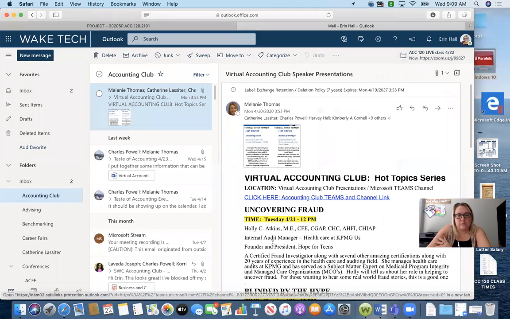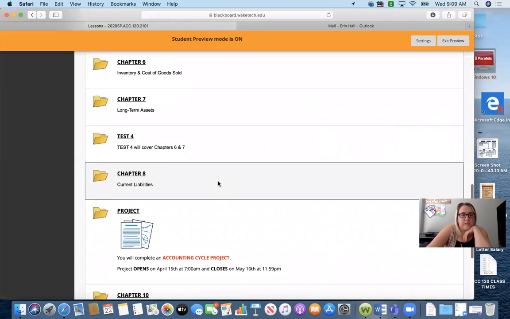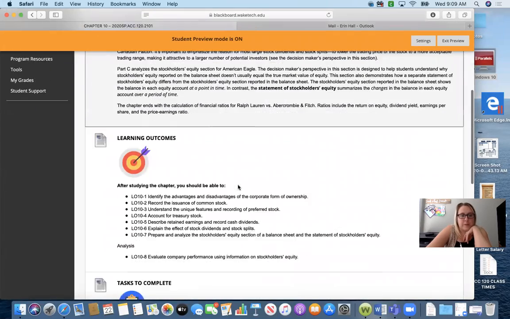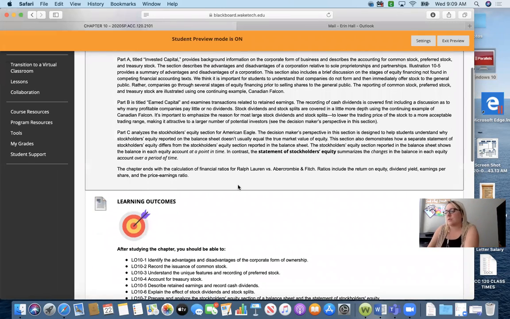What am I doing? Let's see. So you'll see all the folders are open, but chapter 10. For Monday's class, we covered the first part of chapter 10, which was the corporate form of ownership, issuance of common stock, issuance of preferred stock, and accounting for treasury stock.